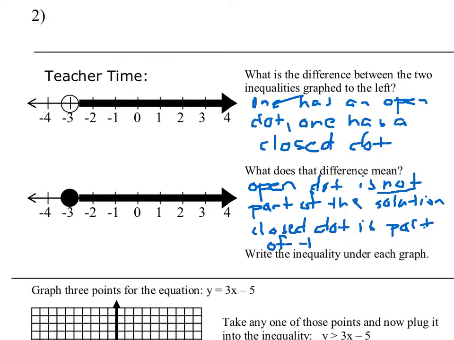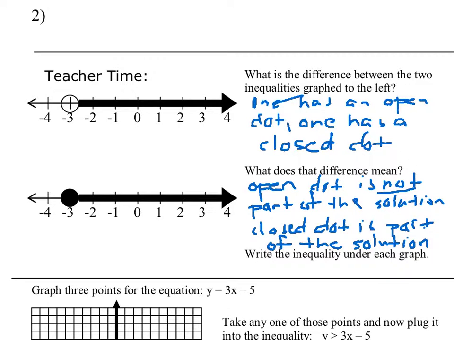If the open dot is not part of the solution, then why is it there? Excellent question. So Kendrick's trying to clarify here. If it's an open dot, it's not part of the solution, why even have a dot at all? It's because we need to recognize that everything that's so close to that -3 is part of the solution. -2.99999999999999999 is part of the solution.